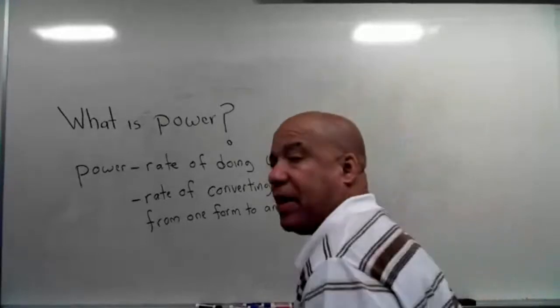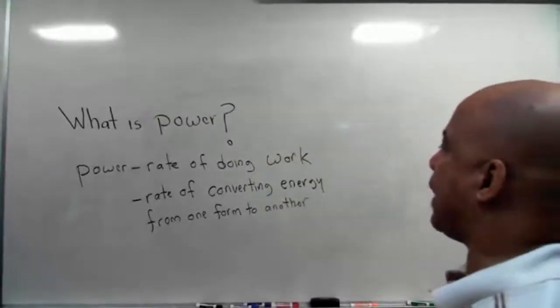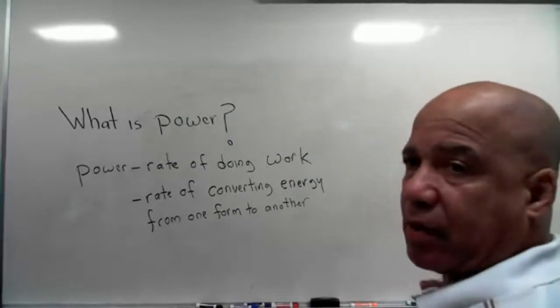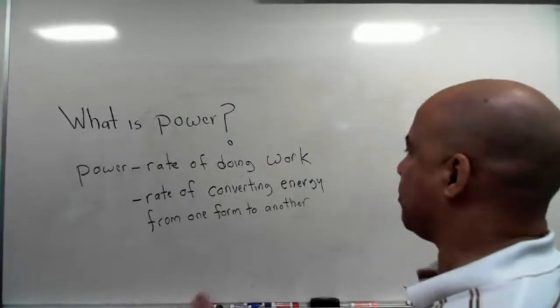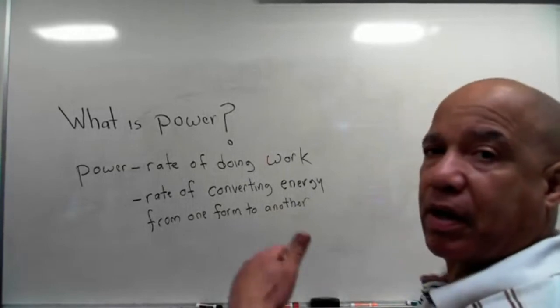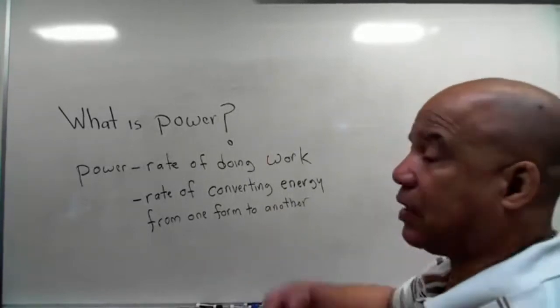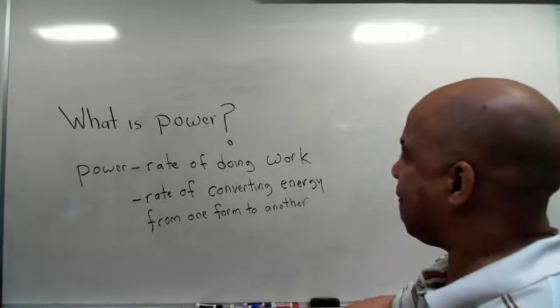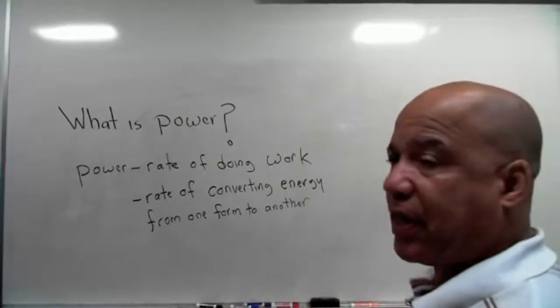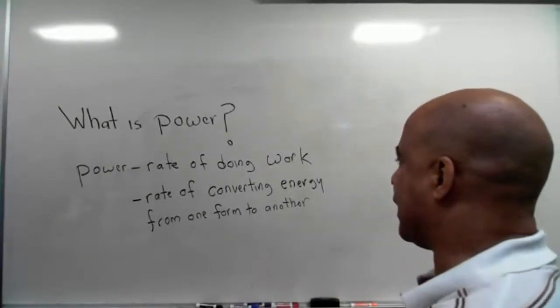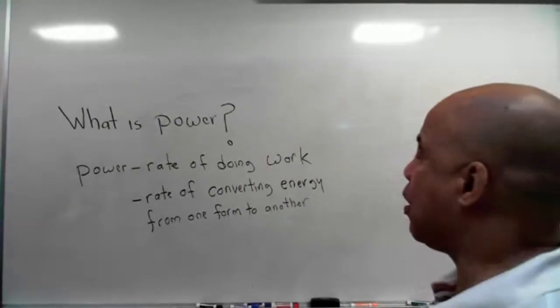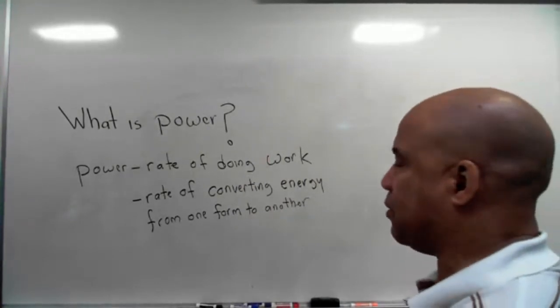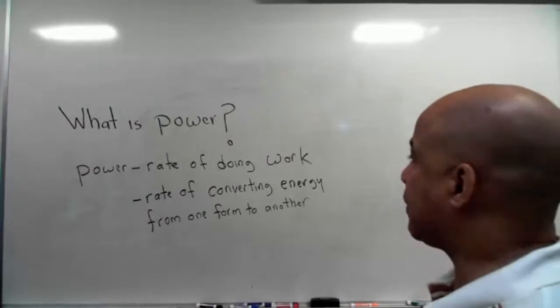Maybe you have an incandescent light bulb, a 100-watt light bulb. What does that mean? What is 100 watts? Well, you're converting energy from one form to another. You're converting electrical energy to light energy. And so how fast, or the rate that you're doing that, is another way to think about power. So we'll think about power as a rate of doing work or as a rate of converting energy from one form to another. Either way, it's okay.